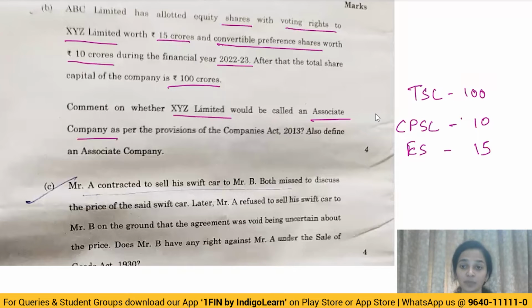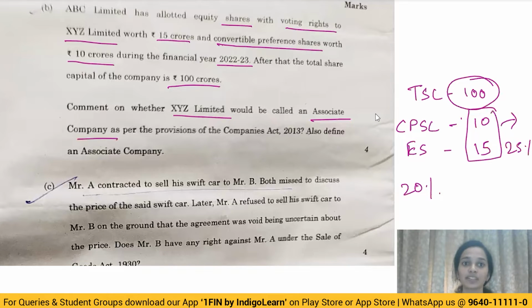So for an associate company, the threshold limit, which we know, is 20%, and the holding here is the total of equity share capital plus convertible preference share capital, which comes to around 25% of the total share capital. So the company was allotted 10 crore worth convertible preference share capital and 15 crore worth equity shares.